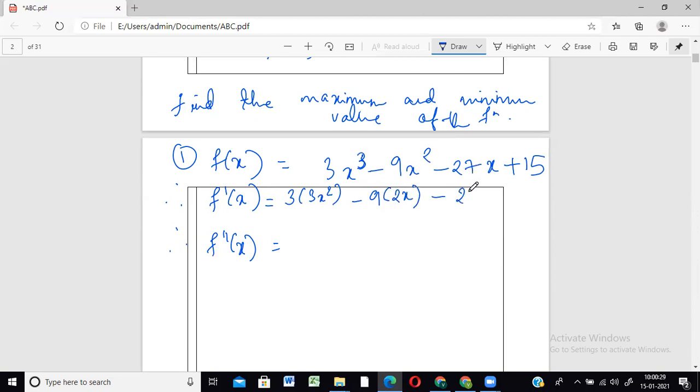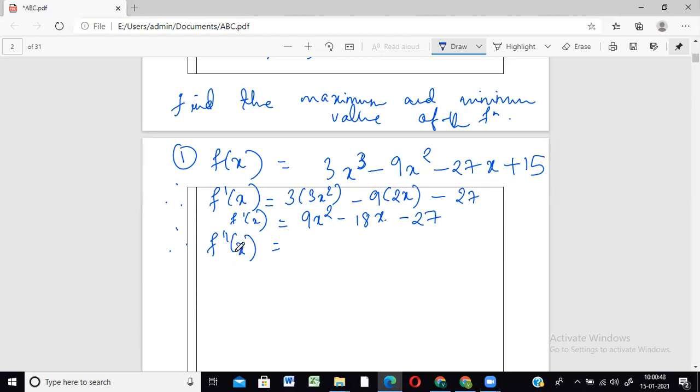Minus 27, constant as it is, and the derivative of x is 1. So we get f dash of x as 9x square minus 18x minus 27.